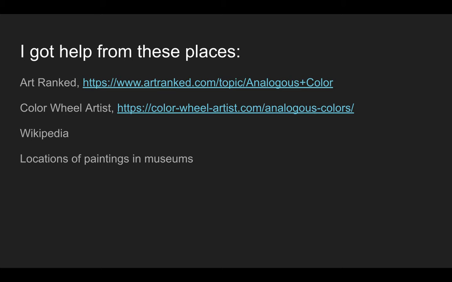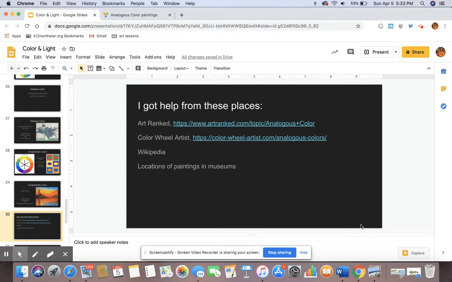Today we looked at a painting from the Met, I think, and again from Van Gogh's museum. I hope that you have enjoyed seeing these examples and that they are helpful for you as you look at different ways to think about aesthetics and what is beautiful to you.